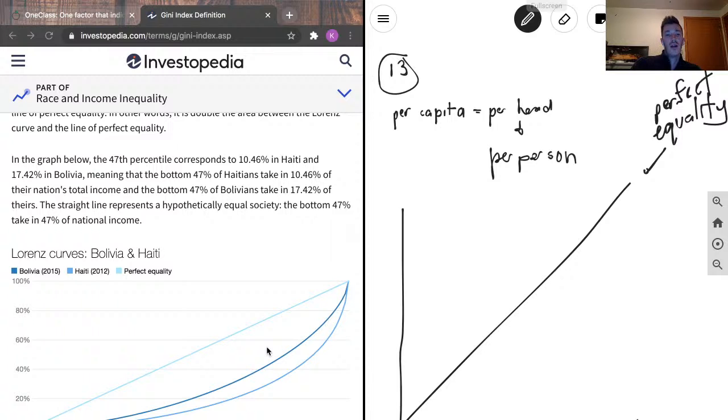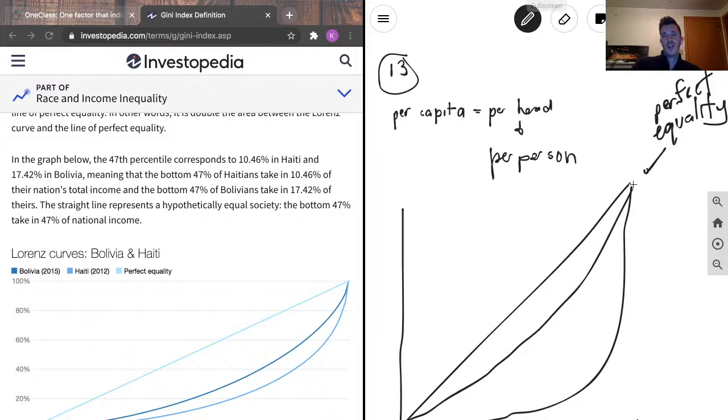The States would be something like this, whereas somewhere like Denmark has relatively lower spreads. They might have something more like this as their Gini coefficient. So if you are looking at well-being for the country as a whole, sometimes the Gini coefficient can be a better indicator of that.